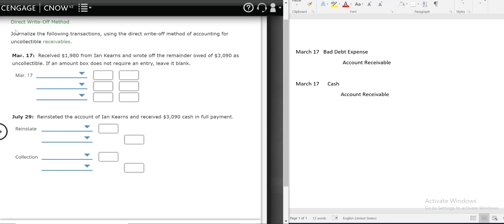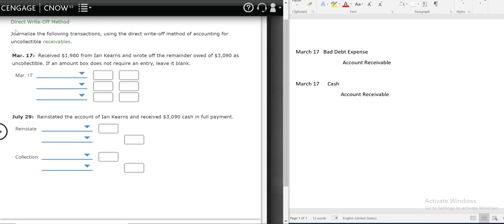Every time a customer defaults, you debit bad debt expense. So you will be affecting the income statement every single time that you write off a customer on account that defaults. With the allowance method, the one that I'm going to do in the next few minutes, we don't record bad debt expense every time a customer defaults, but instead we do it once a year at the end of the year.